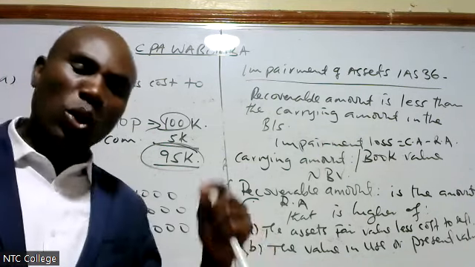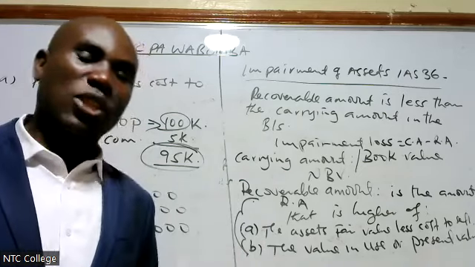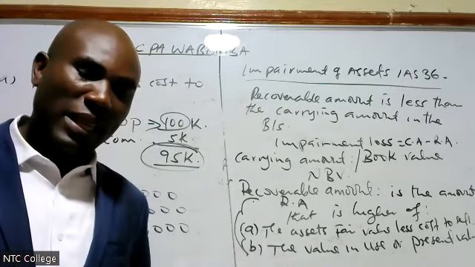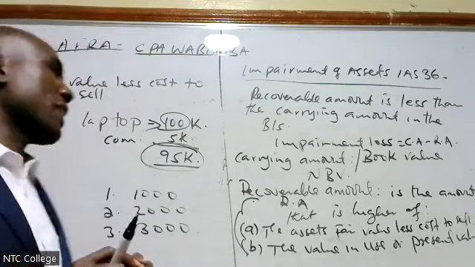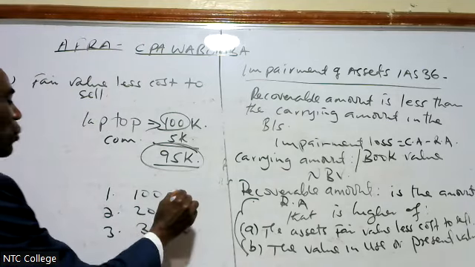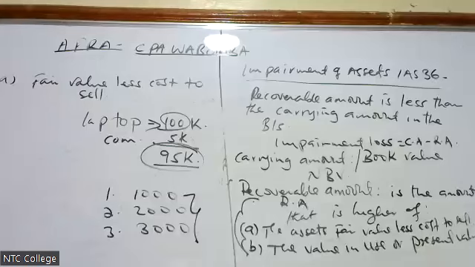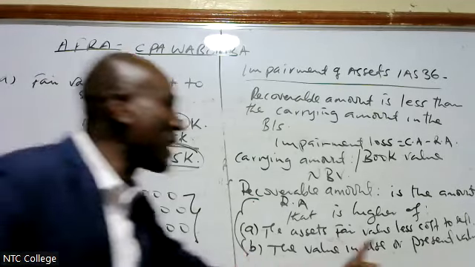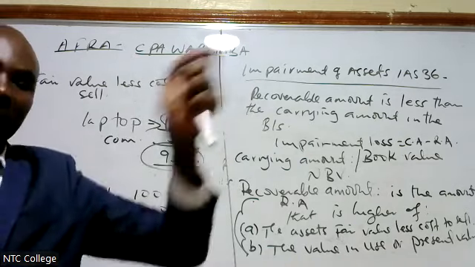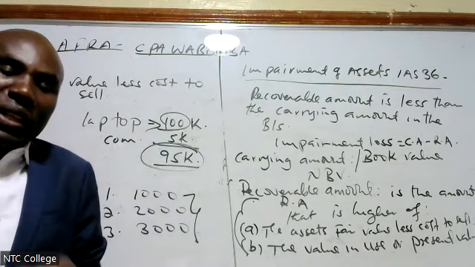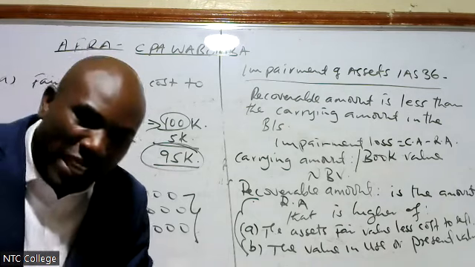Therefore, if I want to know the value of this asset today, I will have to discount these cash flows to get what we call the present value. You discount the cash flows to get the exact value today.